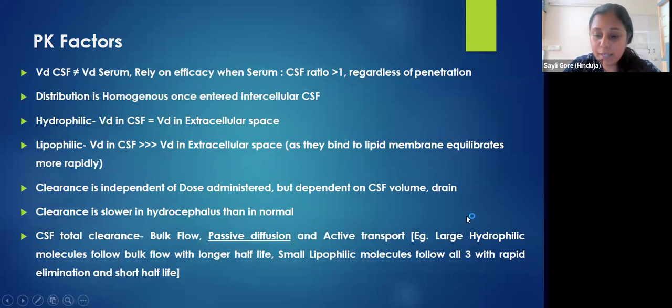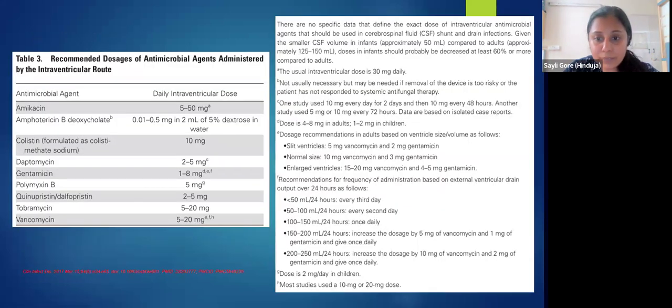So I'll just take this forward. Like I just mentioned, whatever is there in the slide, I'll come to the doses in the further slides, but the dosing interval is dependent on the ventricular drain. Any infection or inflammation in the brain enhances the CSF production. When the CSF production is enhanced, there is no space for the brain to keep it.